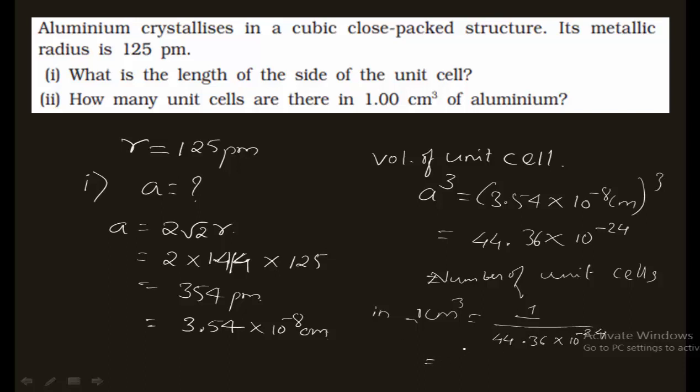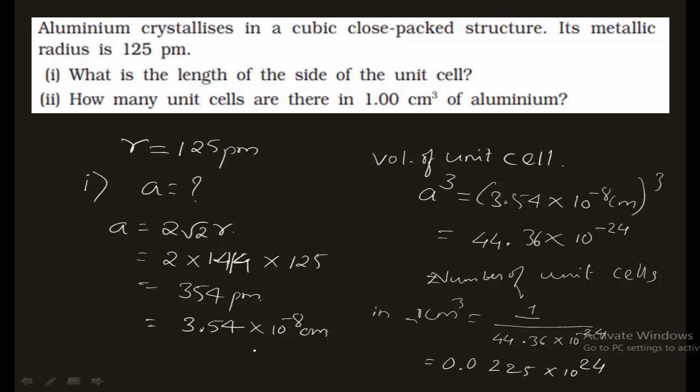So upon simplification, how much we will get? So simply try to calculate this. 1 divided by 44.36, that will give how much? 0.0225 into 10 raised to 24.